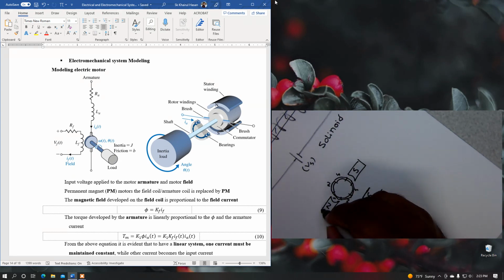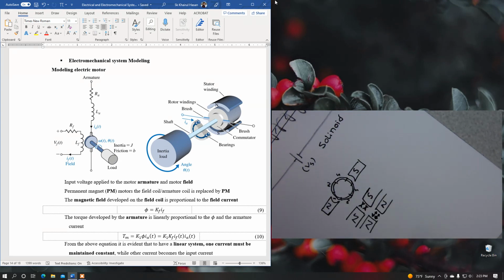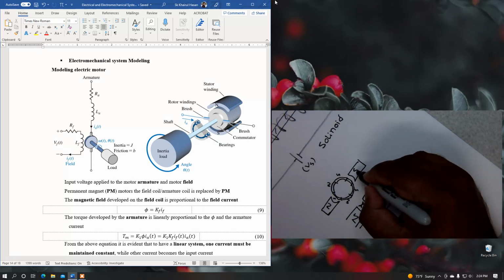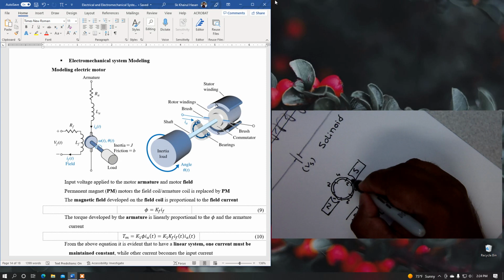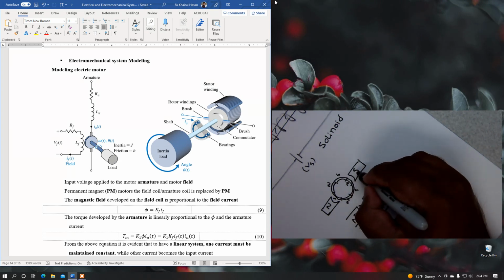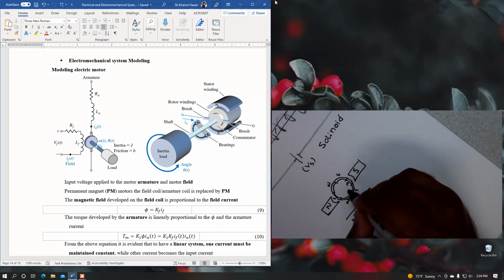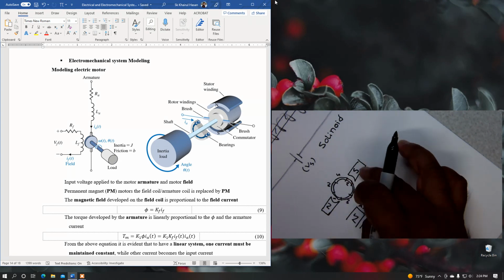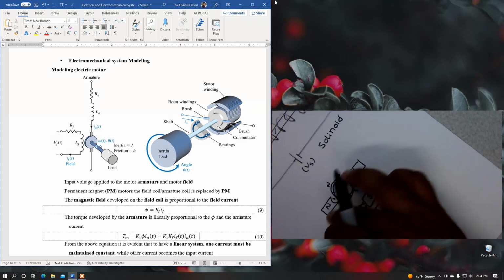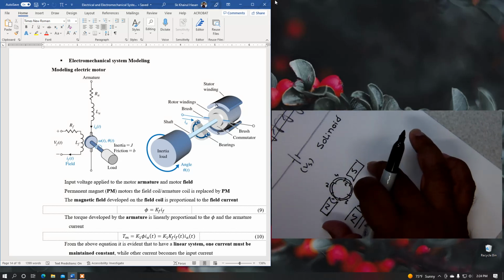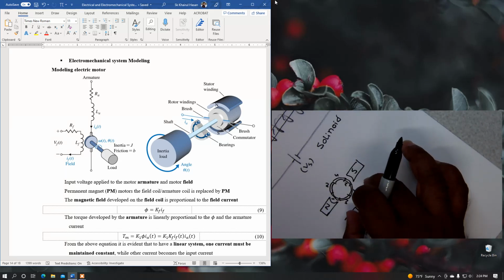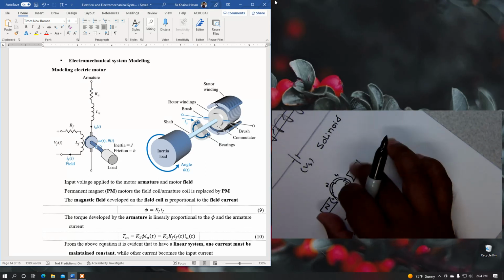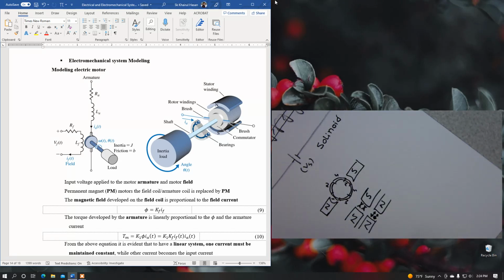Now if you change the field continuously, like this is a south pole attracting the north pole, and after that you change it to a north pole, then it will repel. So if you change the magnetic field on these two, and in a real motor we have many magnetic poles, then the motor will start rotating.